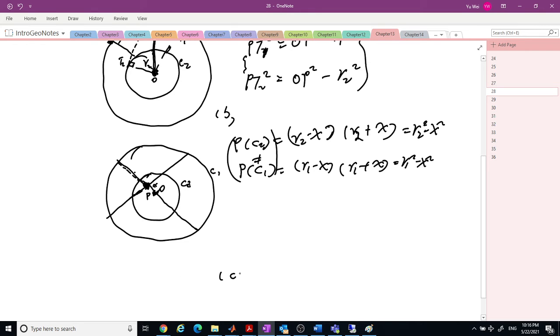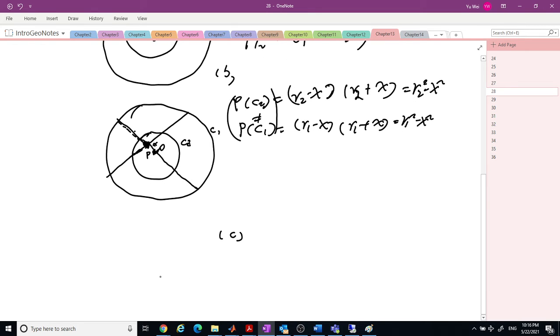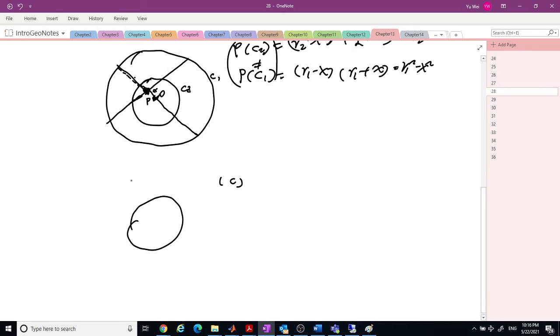Okay, the last argument is still with the concentric circles. So this is O, this is C2, this is C1. We want to prove that there is some set of points P where we can have equal power.